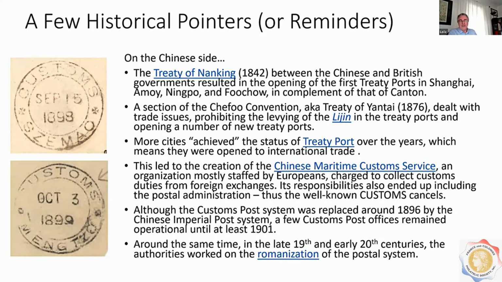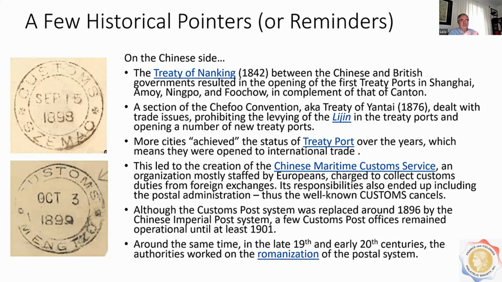Initially, most of those cities were actual ports, on water. Then they were river ports, and then they were even border towns that could deal with the countries on the other side of the border. There was also a treaty where it was decided that the Chinese would no longer collect the tax, but that would be left to the Europeans who had a special status in those treaty ports.